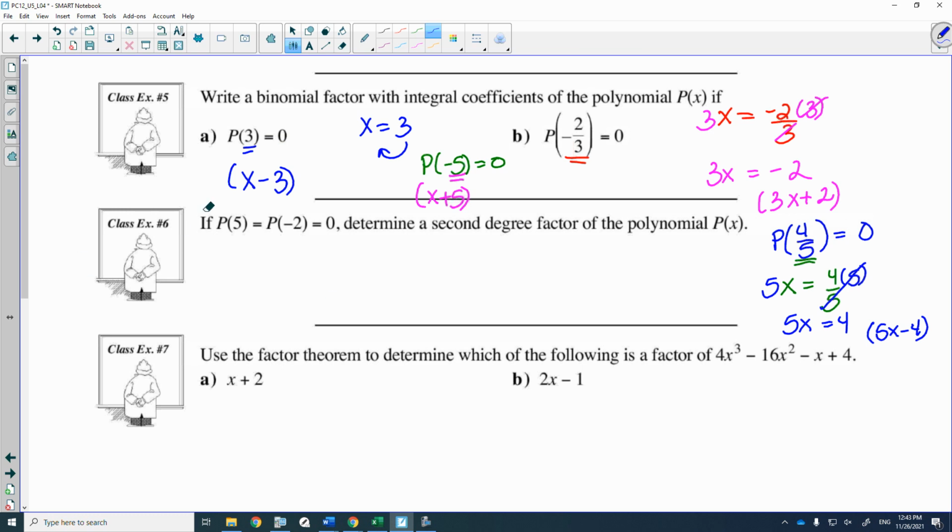For class example number 6, you should star this one. Sometimes students, when they see it written in this manner, get confused or are unsure how to approach this. What it's saying is p of 5 is equal to p of negative 2 is equal to 0. Essentially, I could split this up. P of 5 is equal to 0.